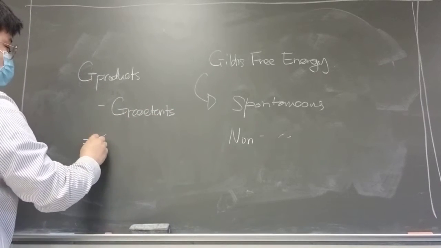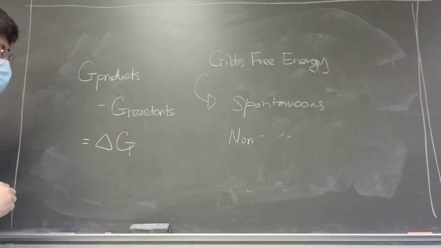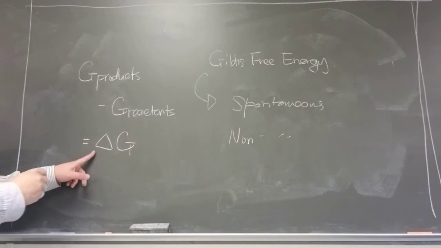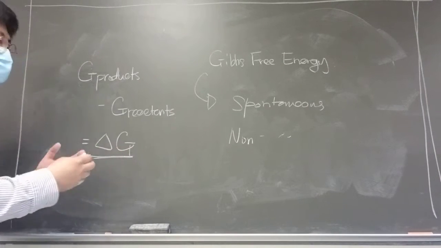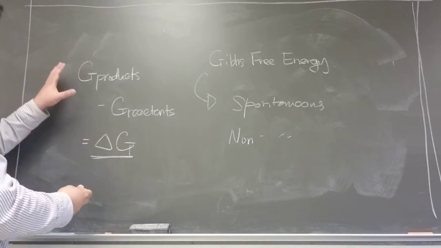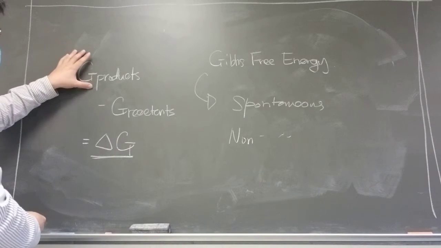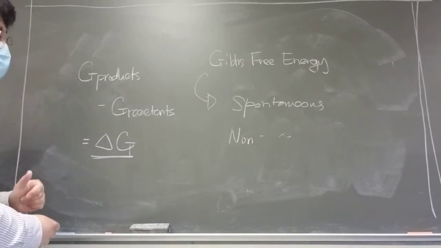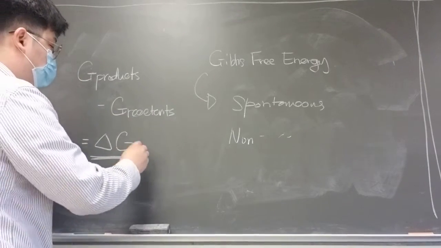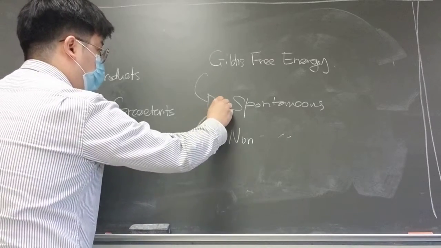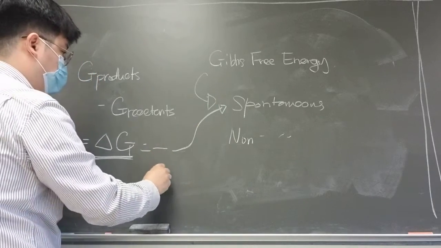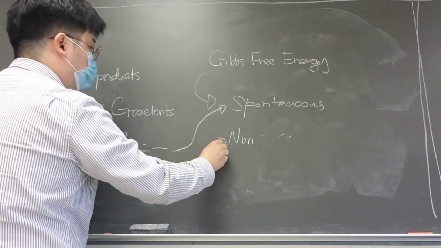That makes the change in Gibbs free energy, right? This delta sign means change in something. So delta G means change in Gibbs free energy, because we did subtraction from products to reactants. If the change in Gibbs free energy is negative, that means it's a spontaneous reaction. If it's positive, this is going to be a non-spontaneous reaction.